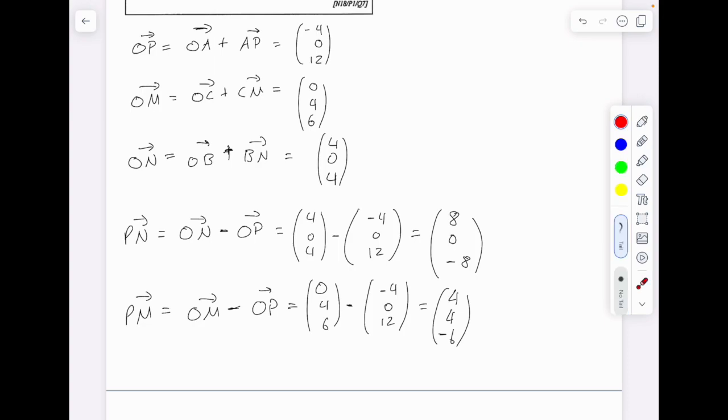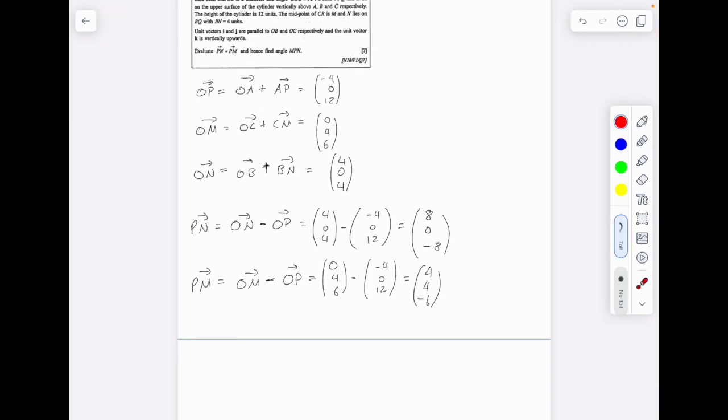Right, so now we've got the ingredients necessary to make this question work. We've got PN and we've got PM. We can marry these together to find this, and therefore the angle MPN.